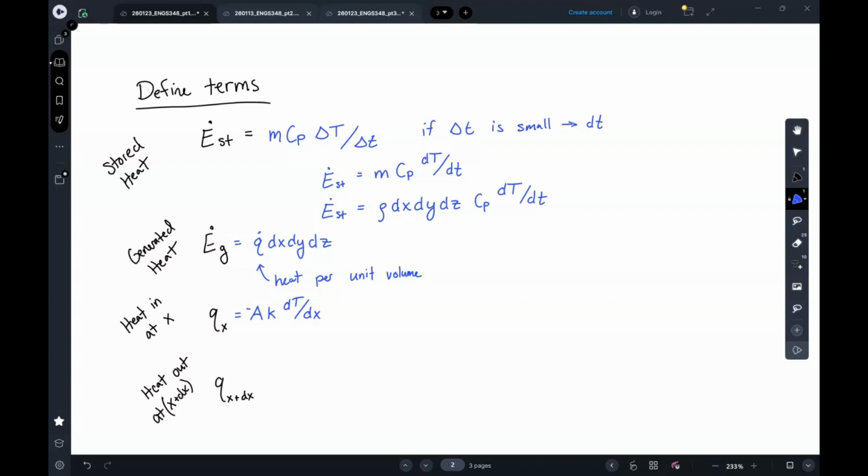We need to put a negative in front of that because temperature flows downhill. So this is just the basic Fourier's law of conduction, saying it's the area times the thermal conductivity times the slope of the temperature.